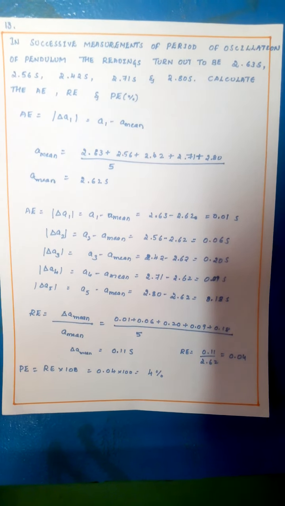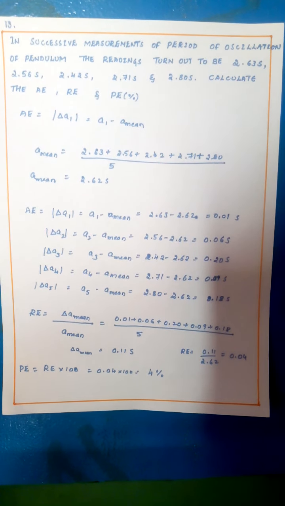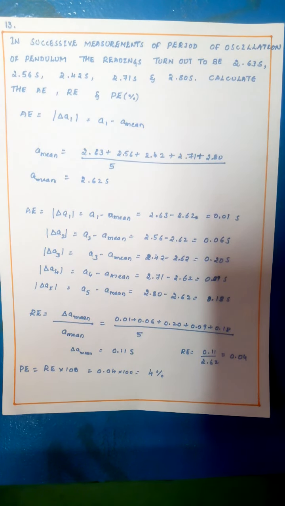Delta A3 is 2.42 minus 2.62, 0.20 seconds. Delta A4 is 2.71 minus 2.62, 0.09 seconds. Delta A5 is 2.80 minus 2.62, 0.18 seconds.